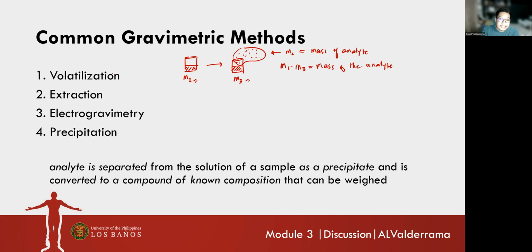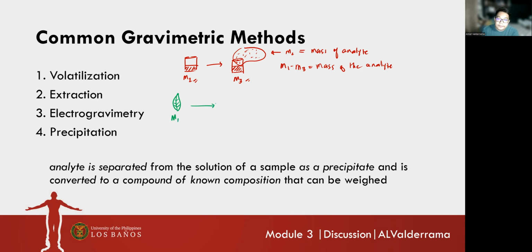For extraction, we may have encountered this already in your Chem 40.1, or if you're a Chem major, in your Chem 43.1. For example, we have to extract an alkaloid from tea leaves. So this is your tea leaf. You have an initial mass of tea leaves that can serve as your mass 1.